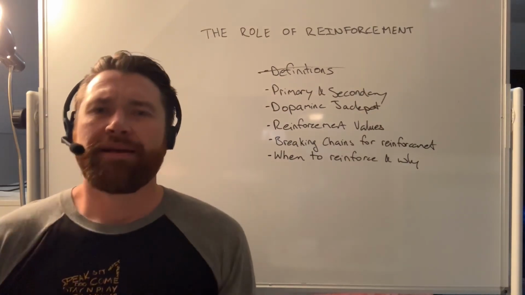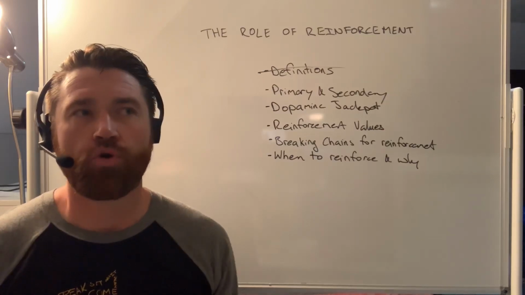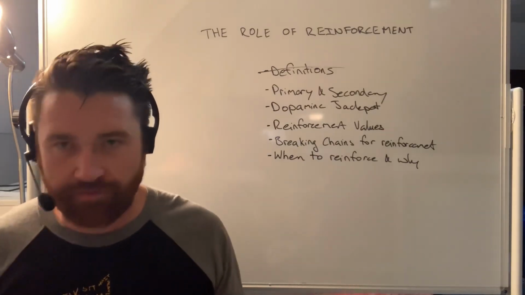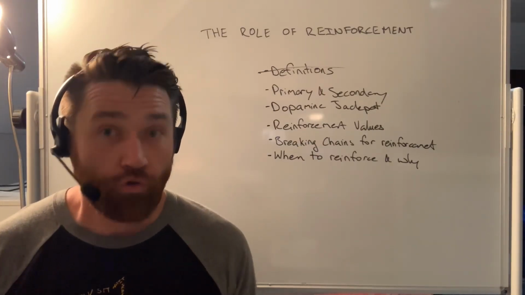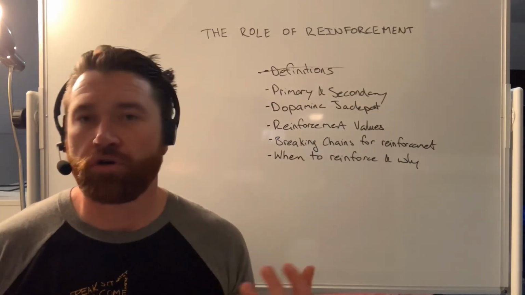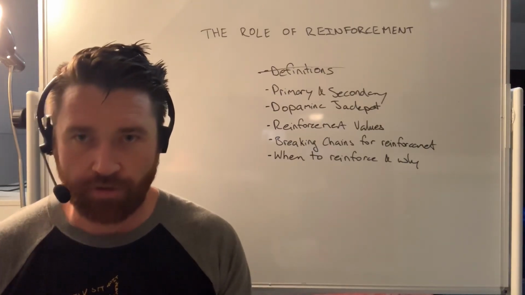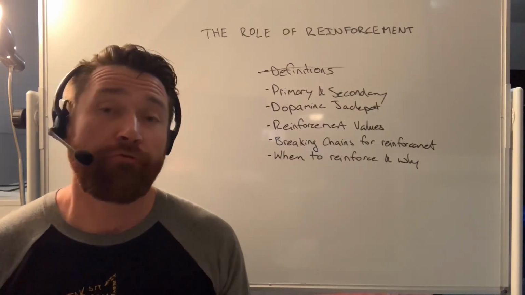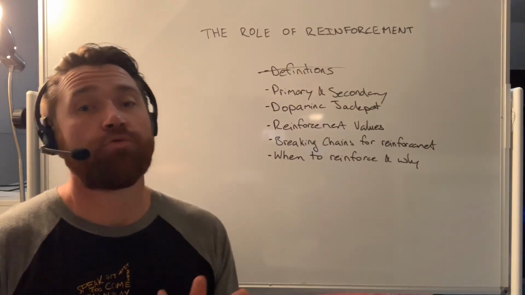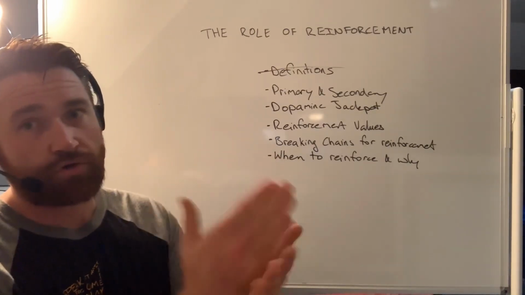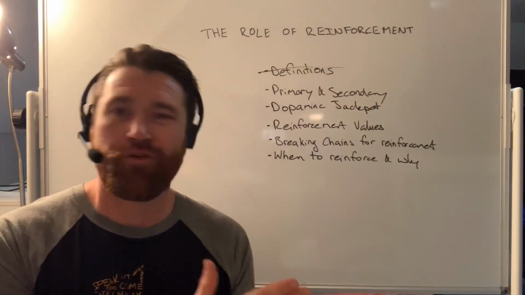So sometimes to help understand this, it's better to talk about reinforcers and say value out of 10. I think that for your own dog, if you're a professional dog trainer, you have client dogs, this is not necessarily always possible. But for your own dog, you should be able to line up every one of your dog's reinforcers in order of value.